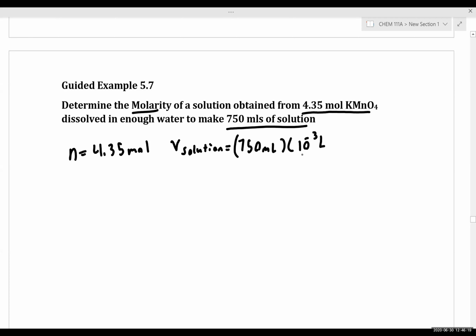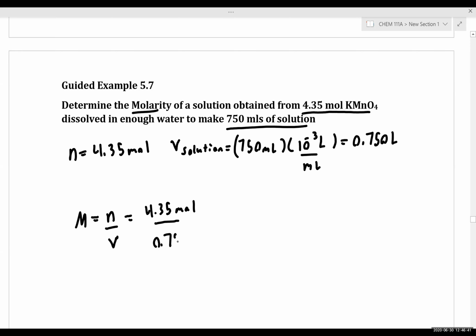We know that there are 10 to the negative third liter per milliliter, which gives us 0.750 liters. Now, molarity is defined as moles of solute over liters of solution. So we take 4.35 moles over 0.750 liters.